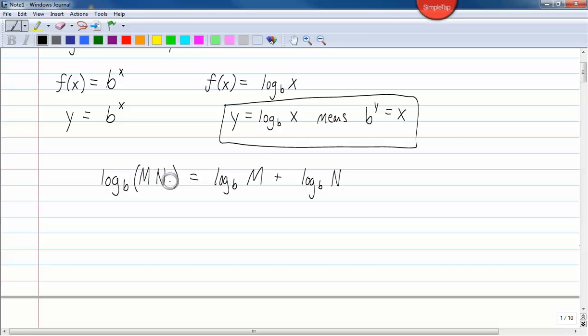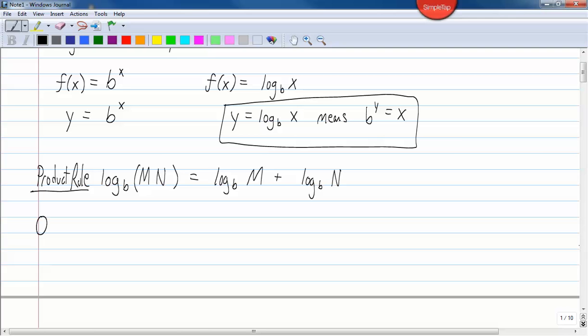This is called the product rule for logarithms. And you can go backwards. As long as the base is the same, if you're taking the log of something plus the log of something else, you could write it as a product. Okay?